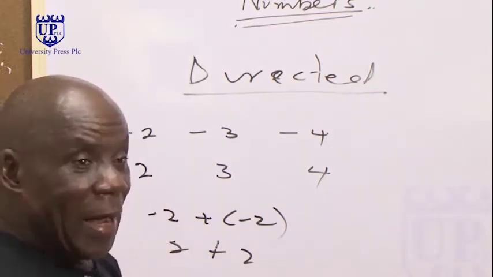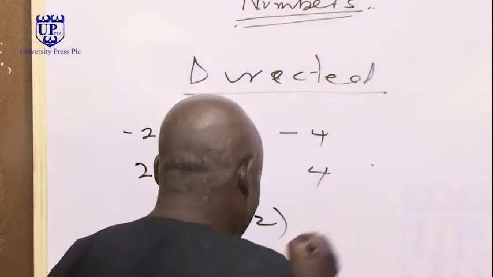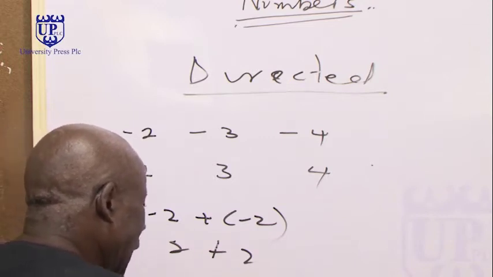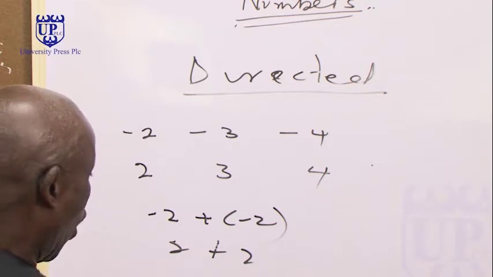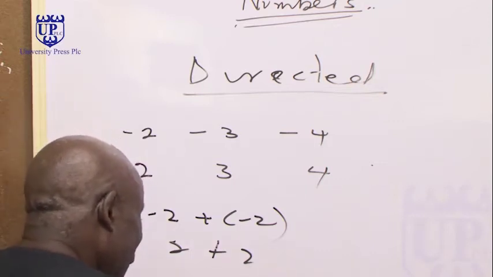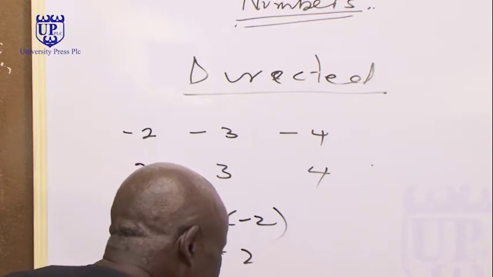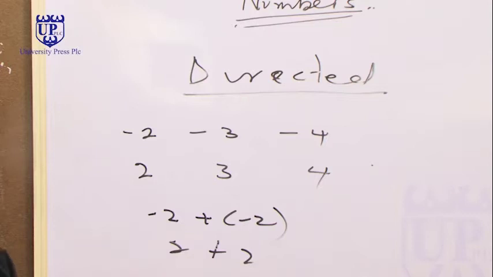But the problem now is this: you can still add a negative number, minus 7, plus a positive number, 9. The same thing, or you say 9 plus minus 7. This is where we are going.